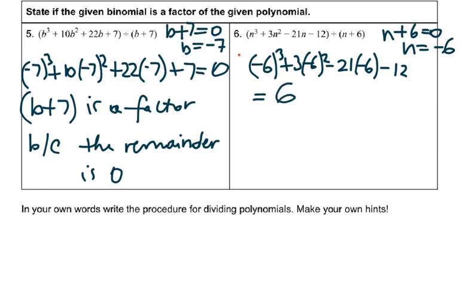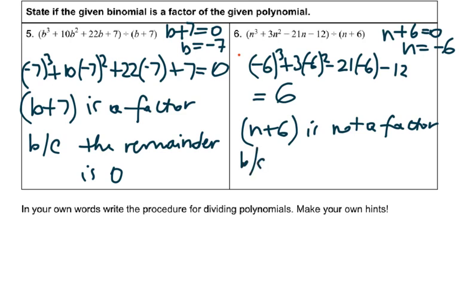The meaning of it is n plus 6 is not a factor because the remainder is not 0. This is a short way to check if we have a factor or we don't have a factor of a polynomial.